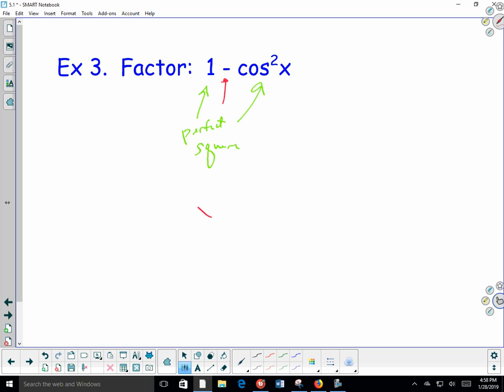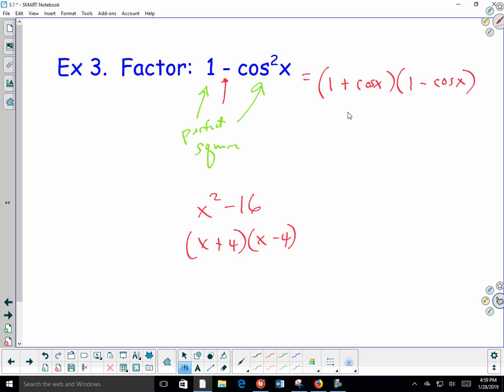So it's kind of like factoring x squared minus 16 into x plus 4 times x minus 4. So that means that this will factor into 1 plus cosine x times 1 minus cosine x. Again, we're using our difference of 2 perfect squares factoring. So this would be our answer for this problem.